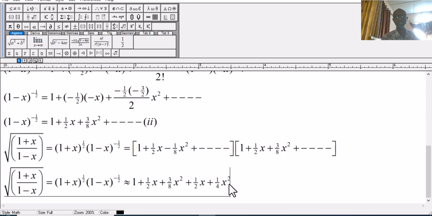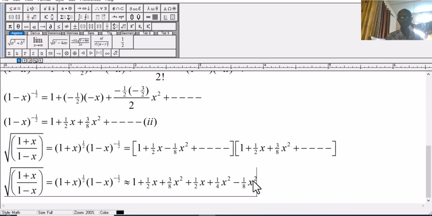So the next term is now minus 1 over 8 x squared. Use it to multiply this. That will give you minus 1 over 8 x squared. Now use this one again to multiply this. You see it's 1 over 8 x squared times 1 over 2x. That will give you 1 over 16 x cubed. So we don't need that. It's x cubed. The question says we should ignore anything x cubed and above. So we're not going to deal with that.